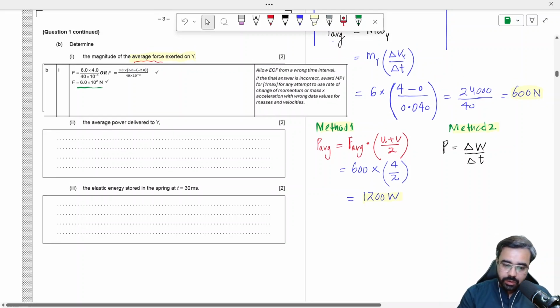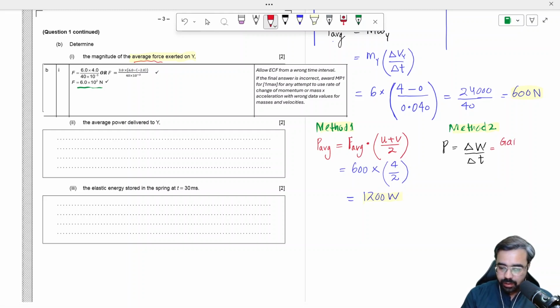If there is a positive work, it means that there must be a gain of energy due to this collision. So I will write here gain in kinetic energy of Y over the time of collision, right? There was no other energy that was gained during this work done. So that's why this is just this gain energy, right?